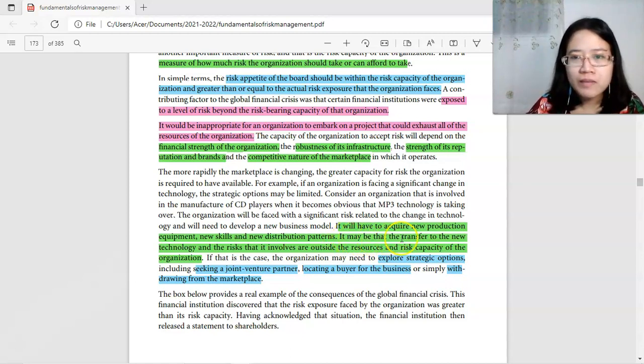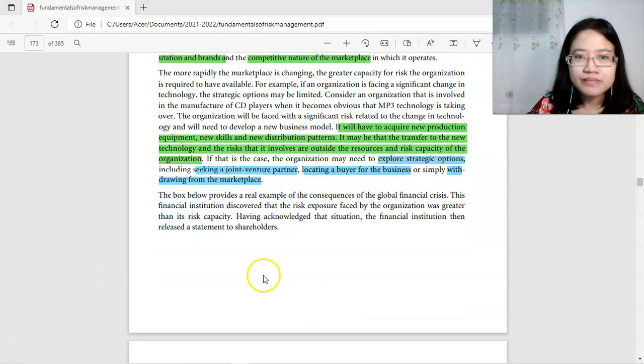It may be that the transfer to the new technology and the risks that it involves are outside the resources and risk capacity of the organization. In that case, they could explore strategic options, seek joint venture partner, kung sino yung mas may alam dyan sa panibagong business na yan, locating a buyer for the business, or simply withdrawing from the marketplace.